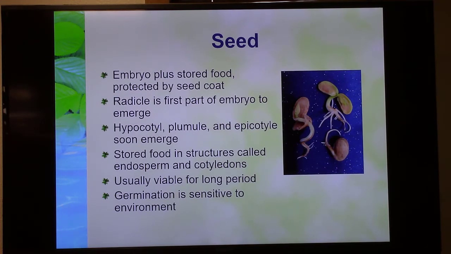The very first thing that breaks out of that seed coat is a little part called a radicle. The radicle is the baby root. The root comes out first. And the chemistry that's going on as that radicle comes out is unique.